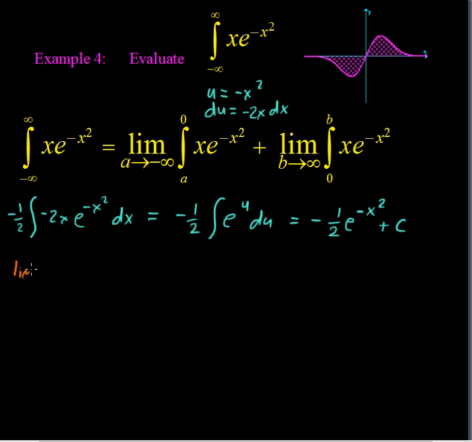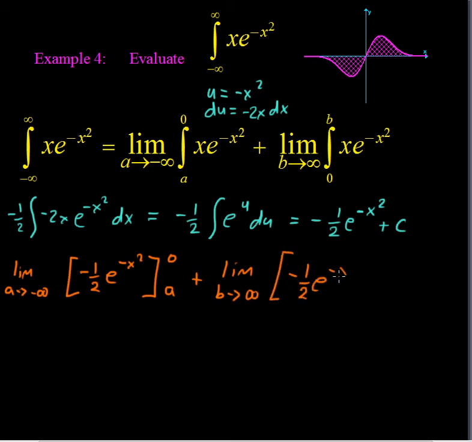Now we have the limit as a approaches negative infinity of negative 1/2 e to the negative x squared evaluated from a to 0, plus the limit as b approaches positive infinity of the same thing, and that's going from 0 to b.